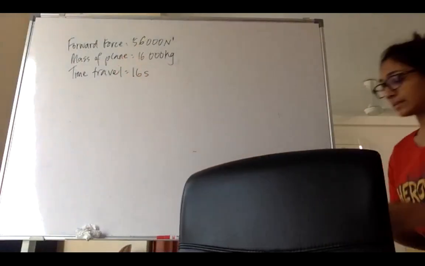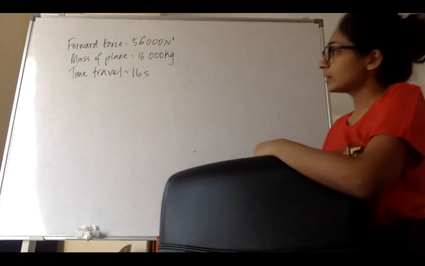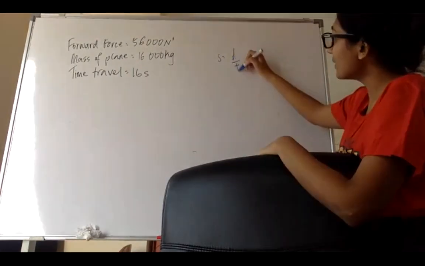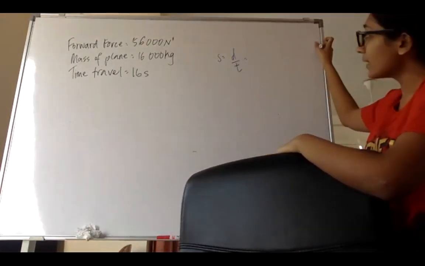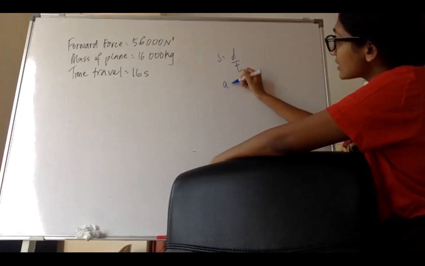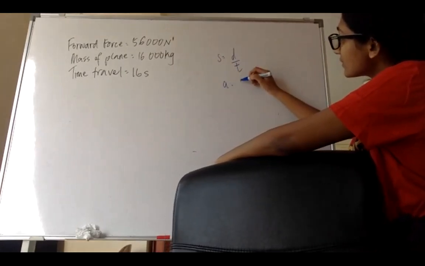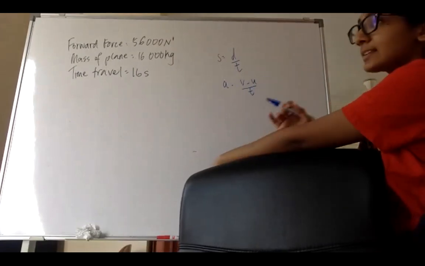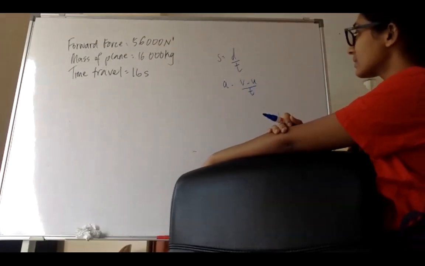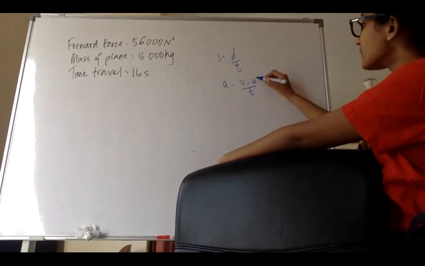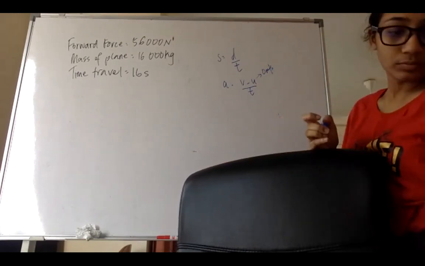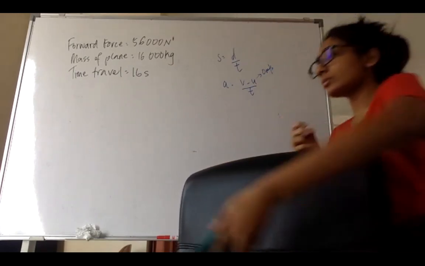I want to look for speed, and we know that speed is equal to distance over time. And then we also have acceleration, which is change in speed over time. We know that at the start, the aeroplane is at rest, so my initial speed is 0. So force equals to, how do I calculate for force?